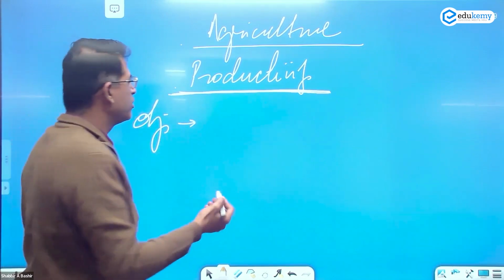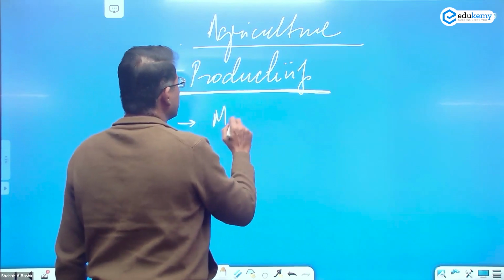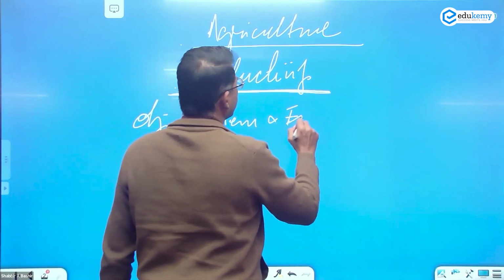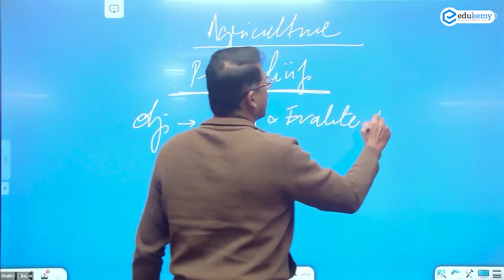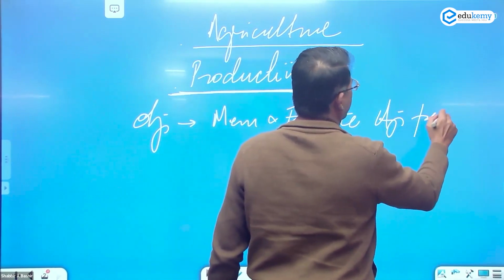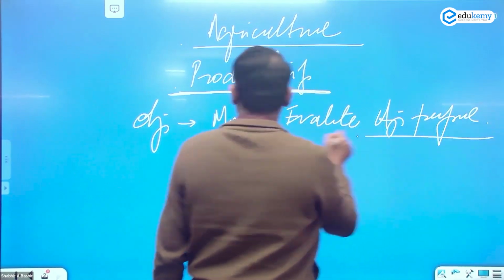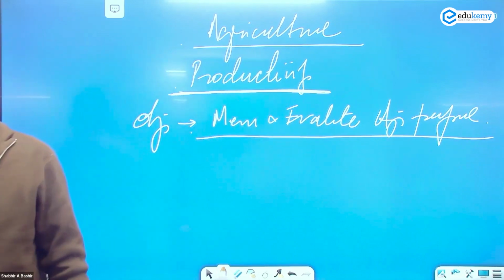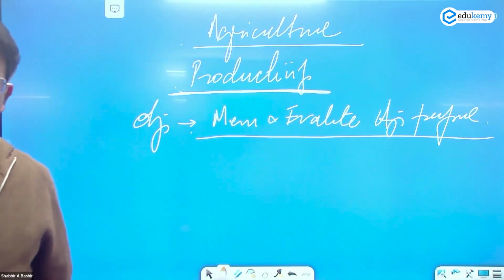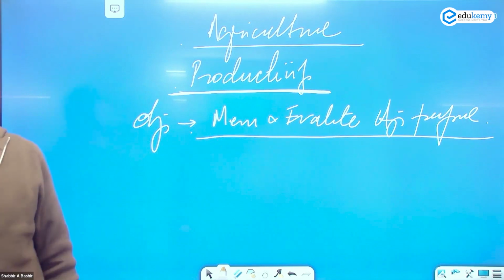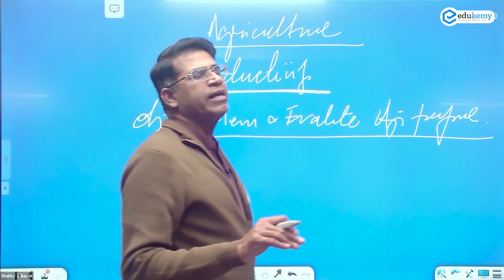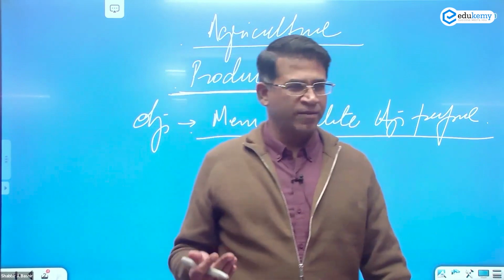Objective is to measure and evaluate agriculture performance. Okay, ऐसे how good are you studying? I want to measure. How do I measure? बहुत techniques हैं. Measure by the score you have got.